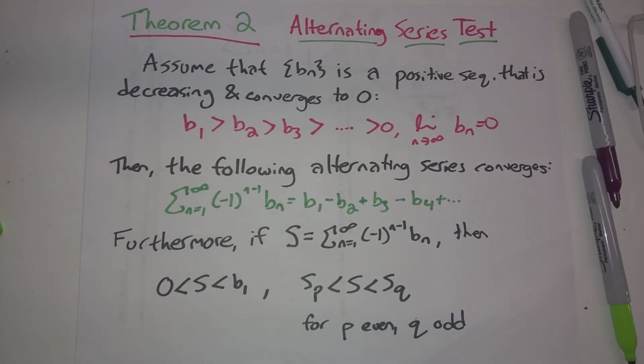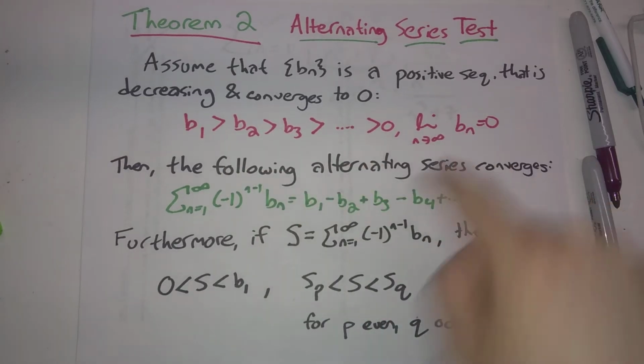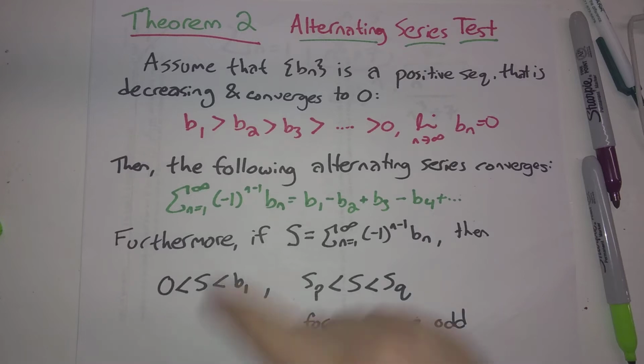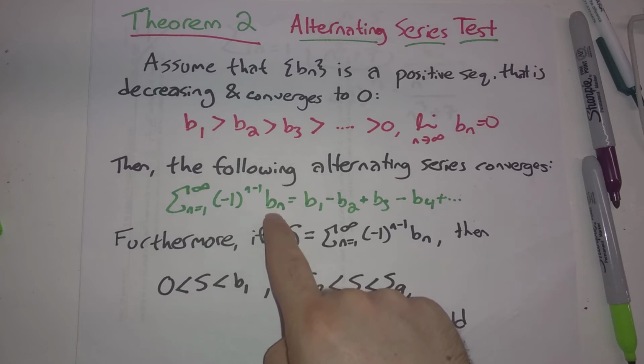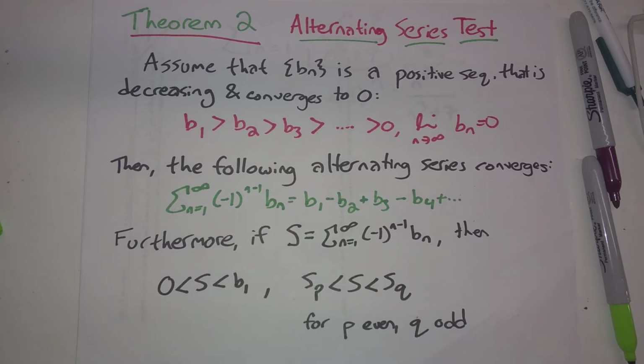Assume that b_n is a positive sequence that's decreasing and converging to 0, decreasing and the limit of b_n is equal to 0. Then the alternating series we get by multiplying b_n by (-1)^n, or (-1)^(n-1), and summing that, converges.